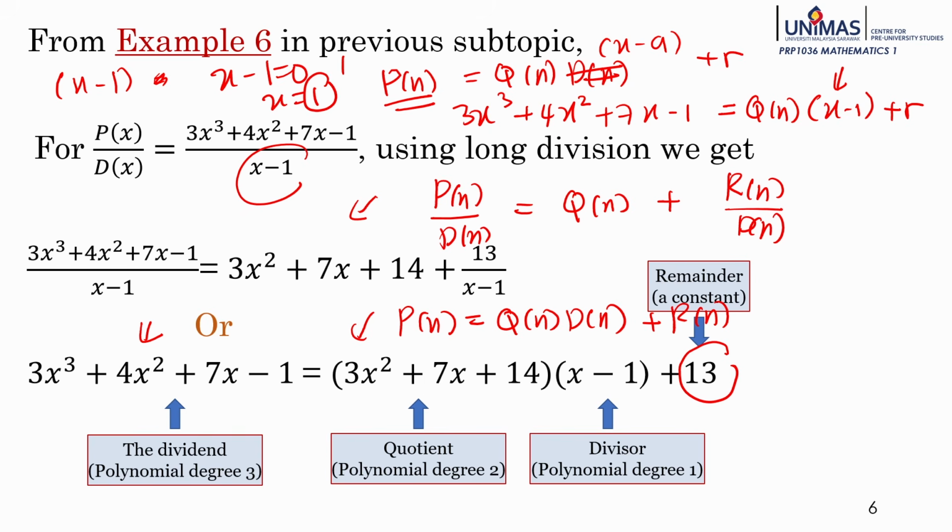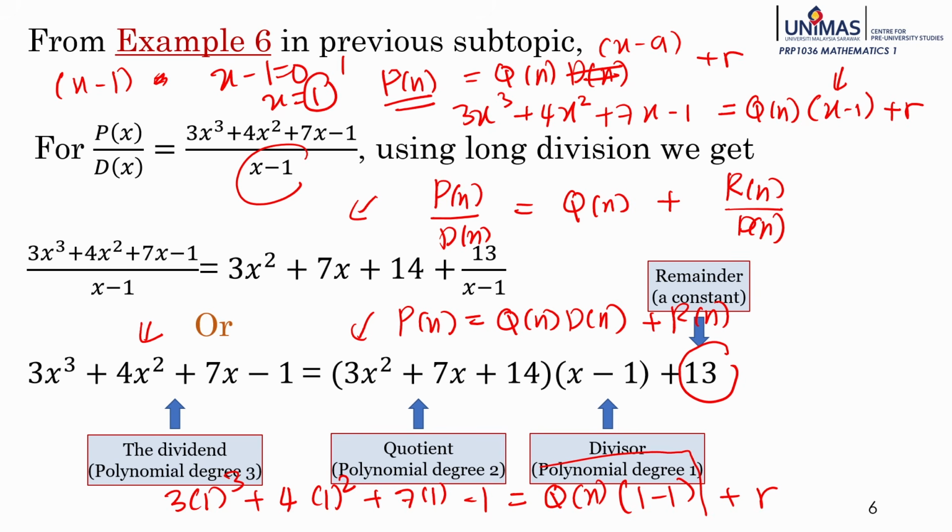Then 3 times 1 cubed plus 4 times 1 squared plus 7 times 1 minus 1 equal to Q(x). You can put it as Q(x) or Q(1), it doesn't matter. But this 1 minus 1 directly gives 0. And then when you solve this, you get r equal to 13. So this is how to solve using the remainder theorem.